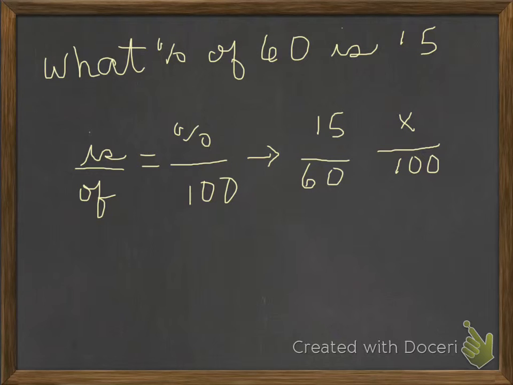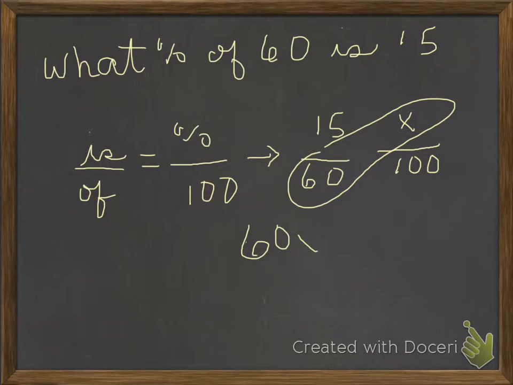So let's go ahead and cross multiply. We have 60 times x, which gives me 60x equals 1,500. When you multiply 15 times 100, you just add the 2 zeros. All right? So I'm going to divide by 60.